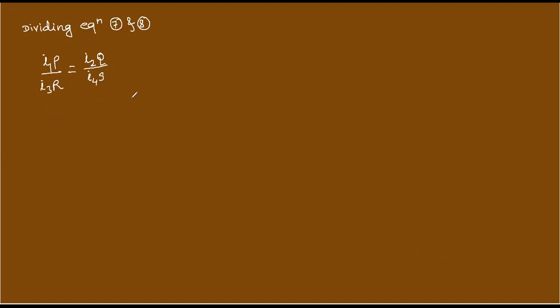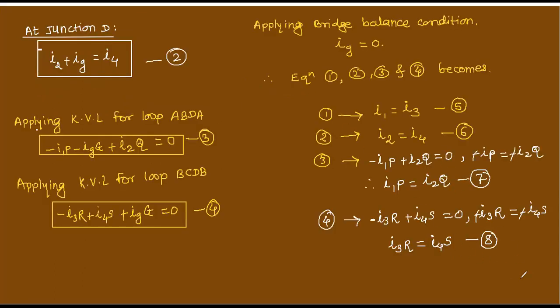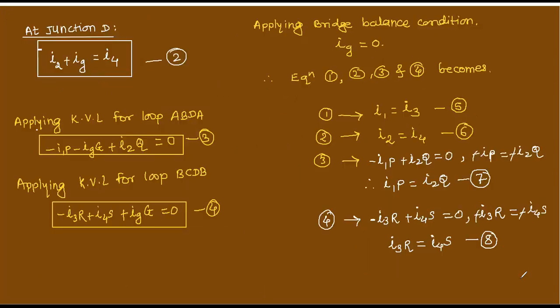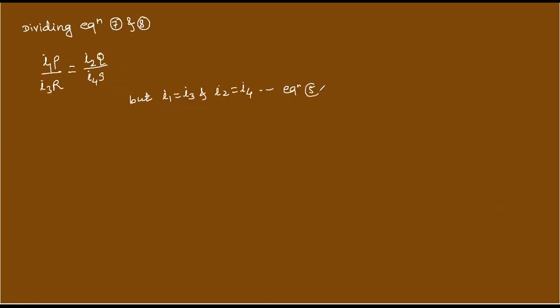But we know I1 is equal to I3 and I2 is equal to I4 from equations 5 and 6. Which equations? 5 and 6.